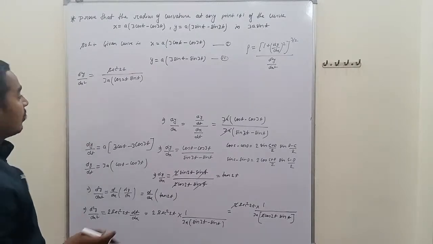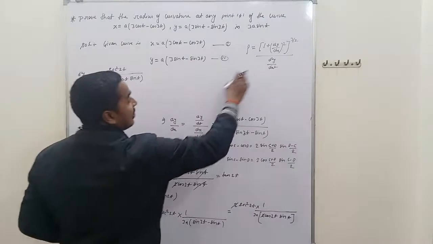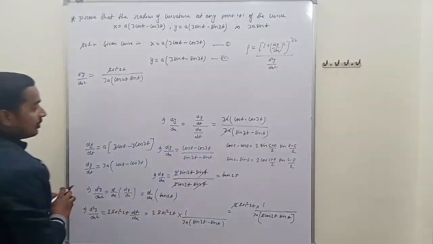And we have to put the value of dy by dx and d2y upon dx2 in the radius of curvature.